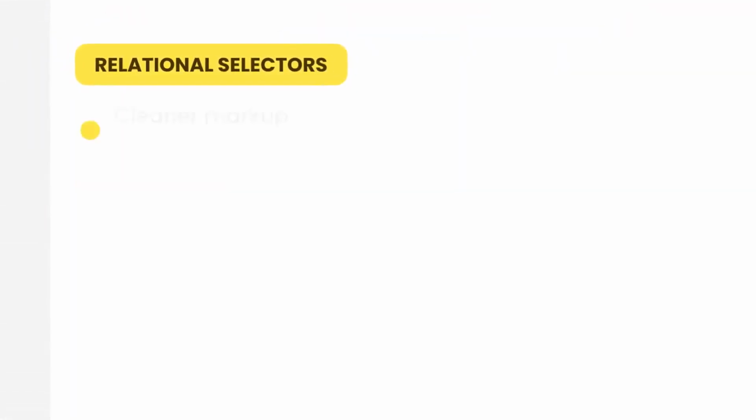So relational selectors help us write cleaner markup because we don't have to assign IDs and classes to various HTML elements. But there are two problems with relational selectors that you need to be aware of. The first problem is that they can be fragile because they're dependent on the location of these elements in the DOM. So if you move elements around, our styles will break. Let me show you what I mean.